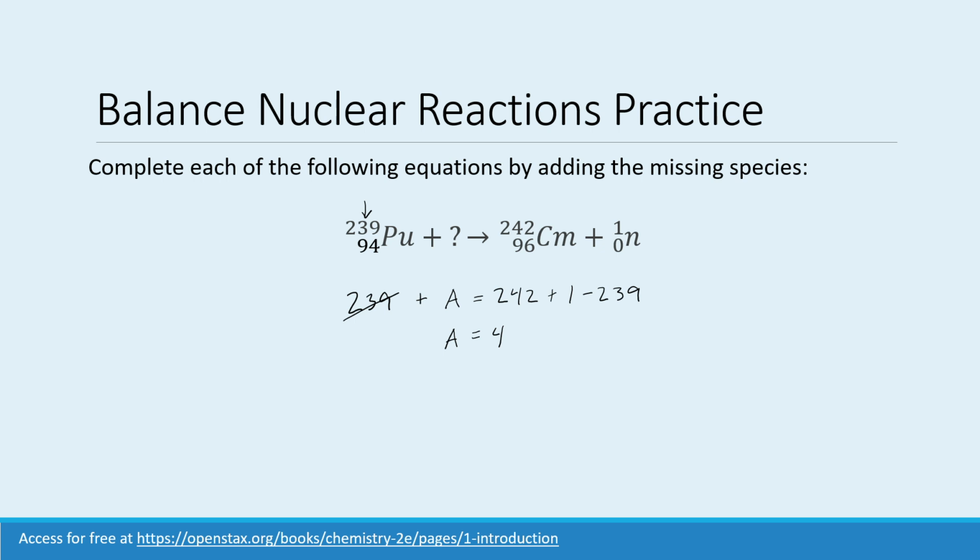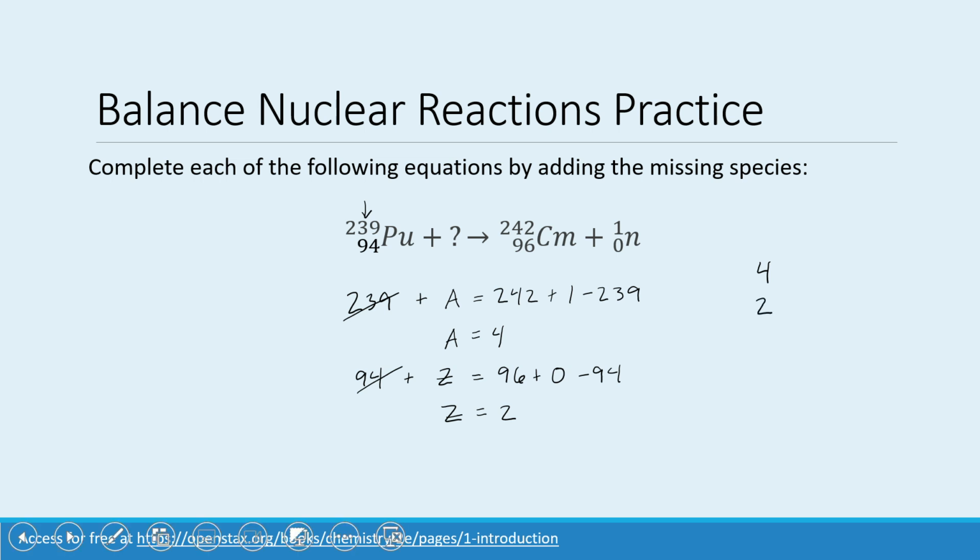Do the same thing for the atomic numbers. We've got 94 on the reactant side plus the atomic number for the unknown species, and then 96 plus 0 on the product side. So subtract 94, and we get that the atomic number for the unknown species will be 2. And so we have a mass number of 4 and an atomic number of 2.